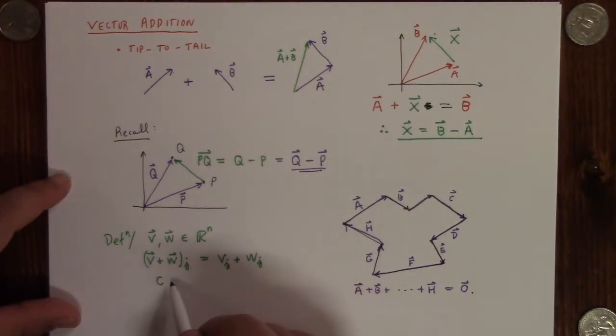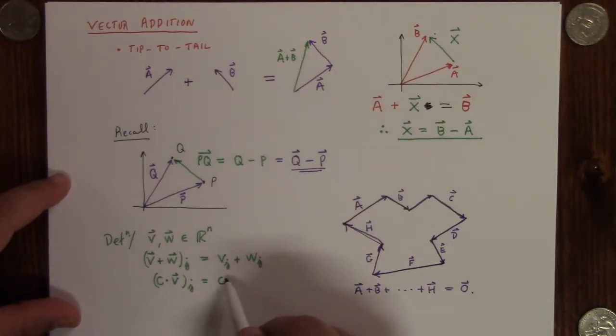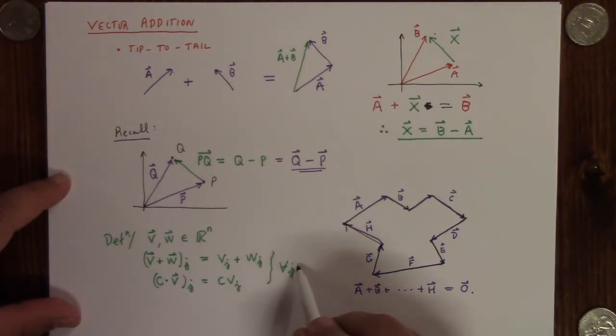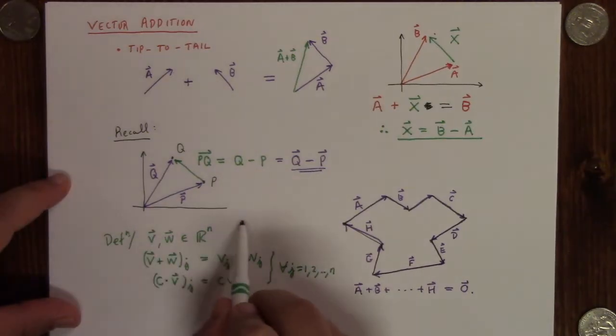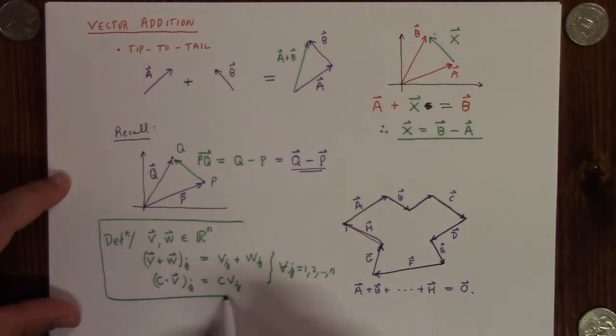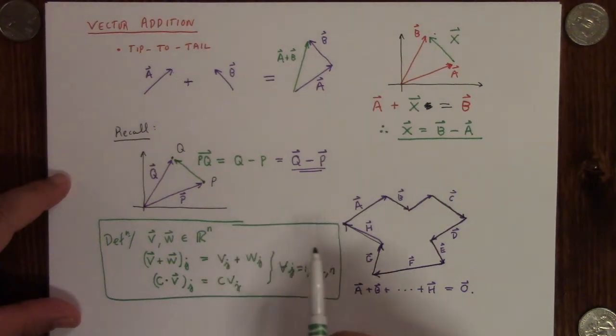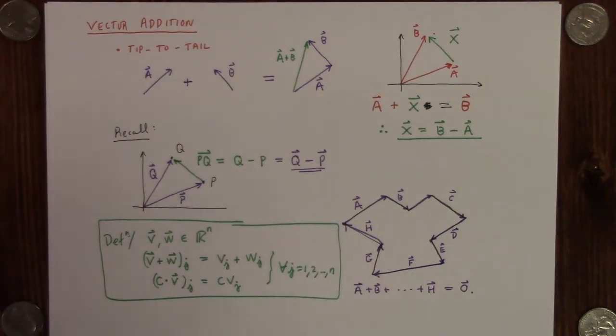And if I take, by the way, c times v, I haven't talked about this yet, but scalar multiplication of a vector, well, we just do c times v_j, for all j, 1, 2, up to n. In other words, we can define vector addition and scalar multiplication component-wise, just like that.